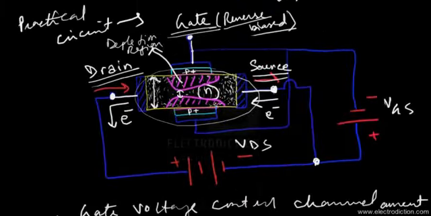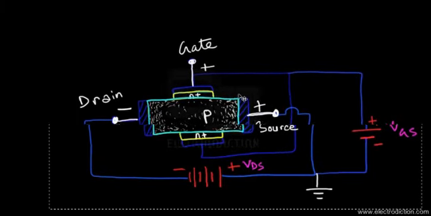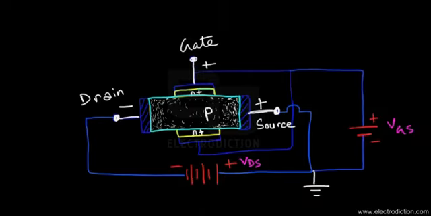Apart from that, there's also another type of JFET that I'm going to show you. This is the diagram of the other type of JFET. Here, as you can see, the channel is made up of a p-type semiconductor material.